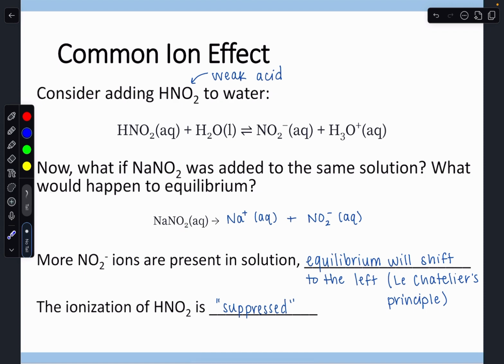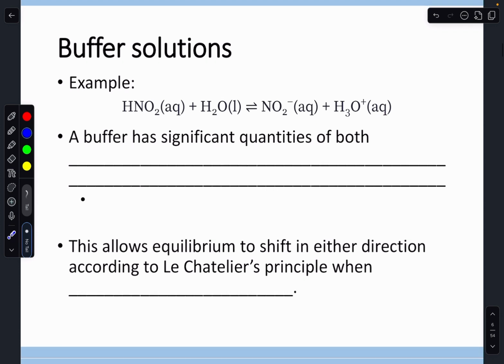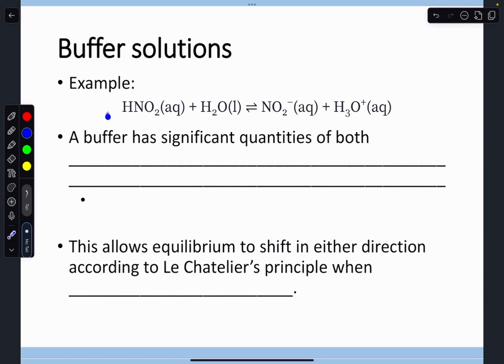So continuing on from this, buffer solutions, this is an example of a buffer solution that contains both HNO2 and NO2 minus. So a buffer solution has significant quantities of both a weak acid and its conjugate base.